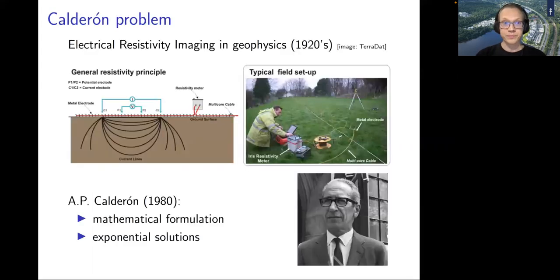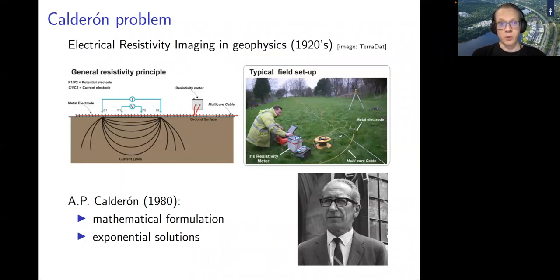Okay, so let's start motivating this problem with the Calderón problem, which originates in geophysics in the 1920s for finding oil inside the Earth, where the idea is to put electrodes on the surface of the Earth and then put some voltages on these electrodes, and then there will be electrical current going through the Earth.